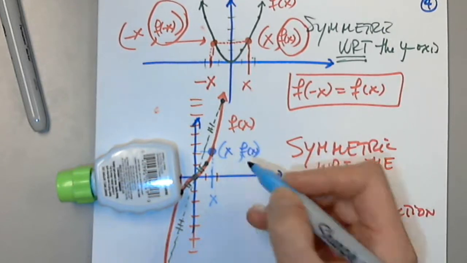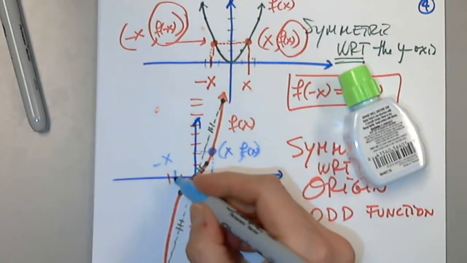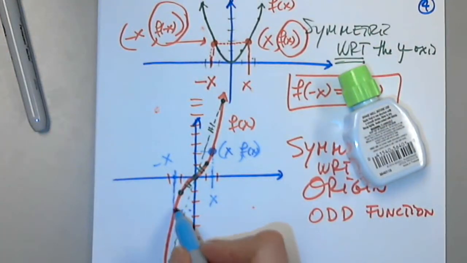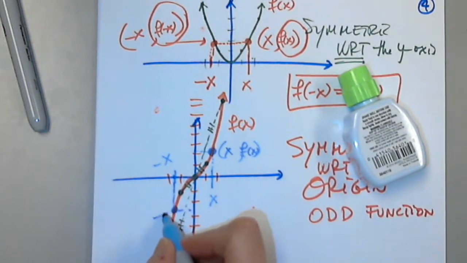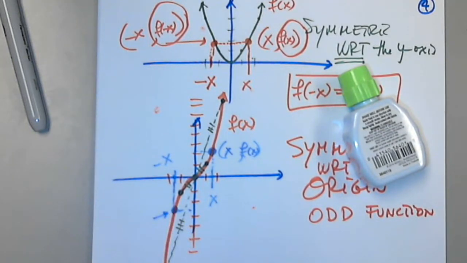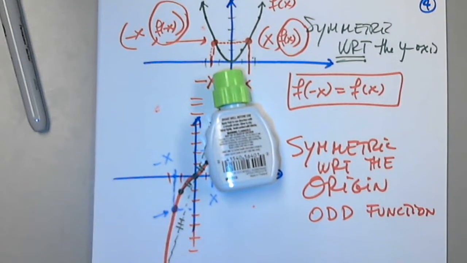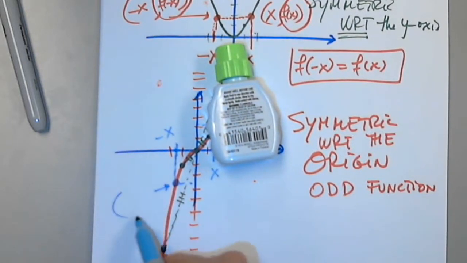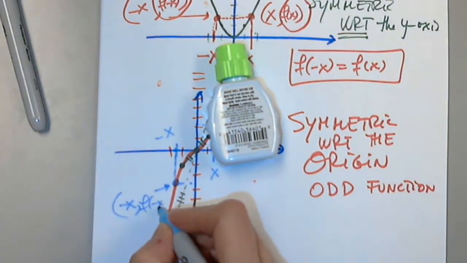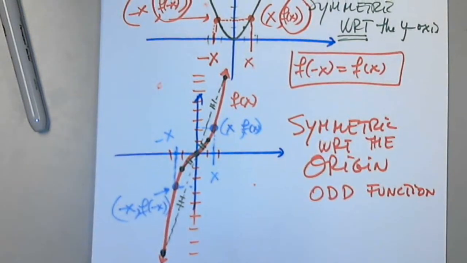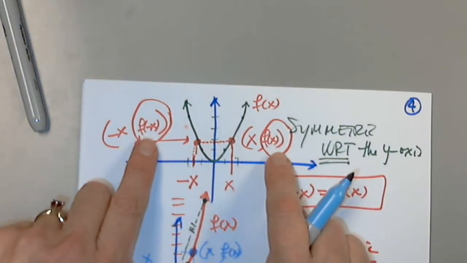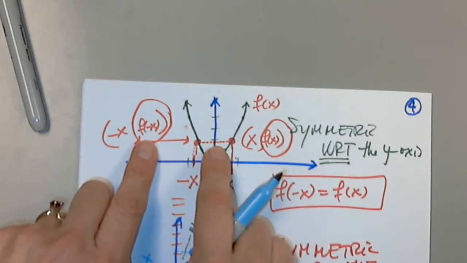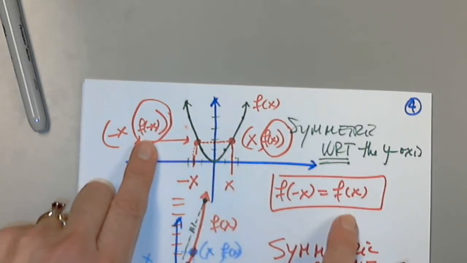That's it. Perfect. Now I'm on the other side. And I want to determine the coordinates of this point. Negative x, f of negative x. Perfect. And like before, if you remember here, I asked you, can you give me the relationship between these two? And it was obvious they were equal. There was no discussion there.